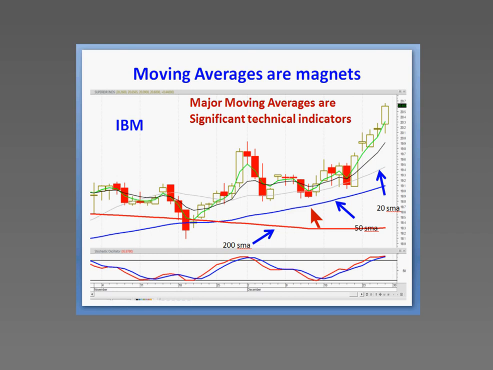So these moving averages act as magnets because everybody's waiting to see what's going to happen at a support or a resistance level that everybody's watching. The T-line, nobody has those on their charts.